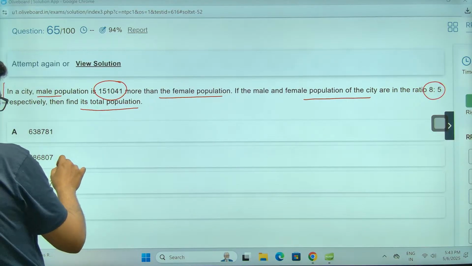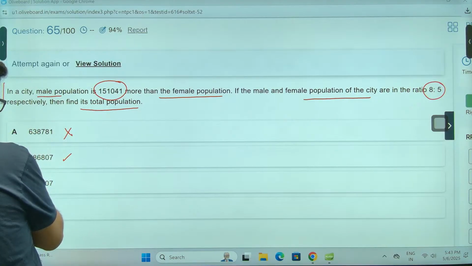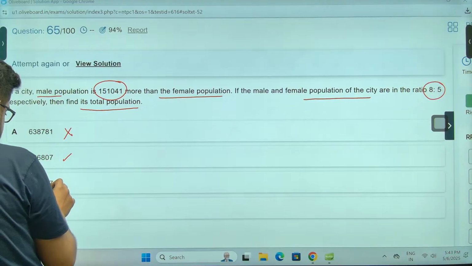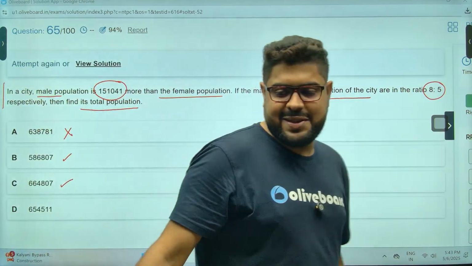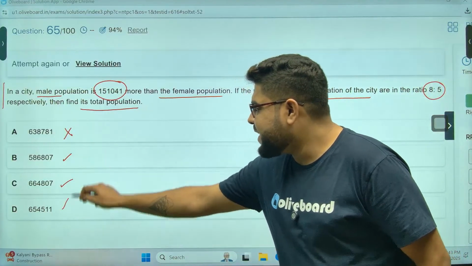This is a multiple of 13. This is not a multiple, right? No, shortcut won't work. This is also a multiple of 13. These 3 are multiples of 13.